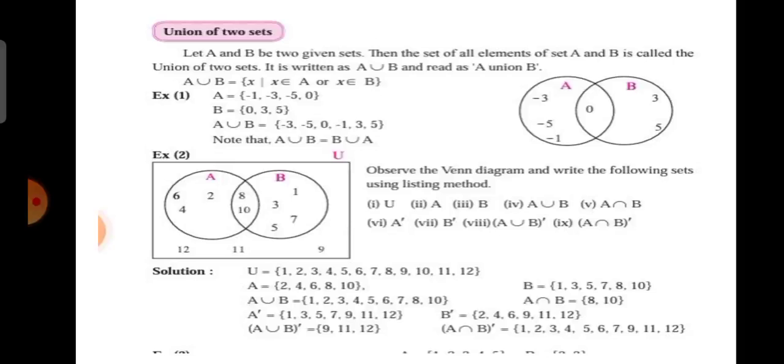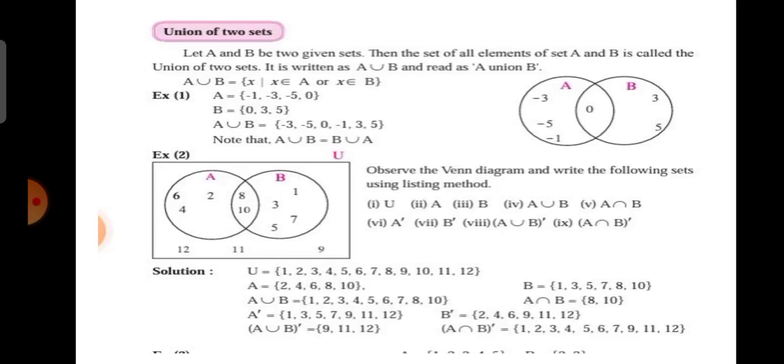For example, A union B will be equal to all elements from set A: -3, -5, -1, 0, and then remaining elements. 0 is already included, so the remaining elements from B will be 3 and 5. So A union B is the set of elements which belong to set A, also belong to set B, but the common elements we will be writing one time.